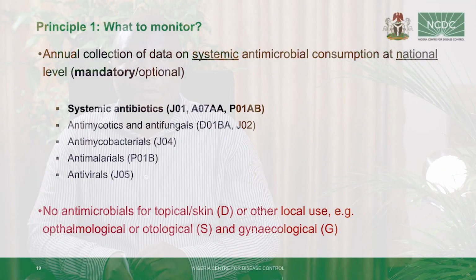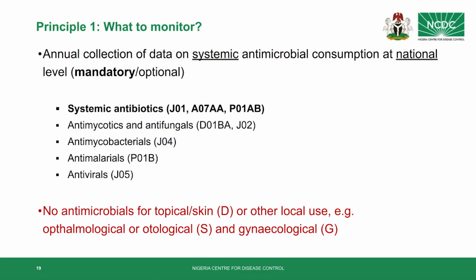And there are principles that guide this flow of data. As principle number one, you have to know what to monitor. This includes the annual collection of data on systemic antimicrobial consumption at national level. There are different categorizations of antibiotics, and so you have systemic antibiotics as categorized by WHO, J01, A07AA.